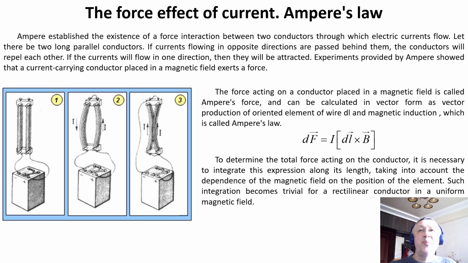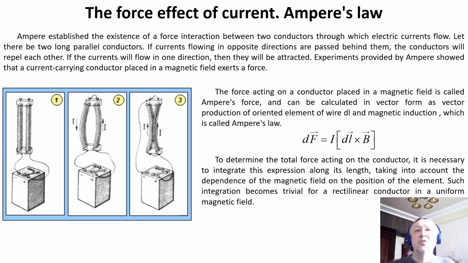Experiments provided by Ampere showed that a current-carrying conductor placed in a magnetic field experiences a force. The force acting on a conductor placed in a magnetic field is called Ampere's force and can be calculated in vector form as the vector product of the oriented element of wire dl and the vector of magnetic induction.